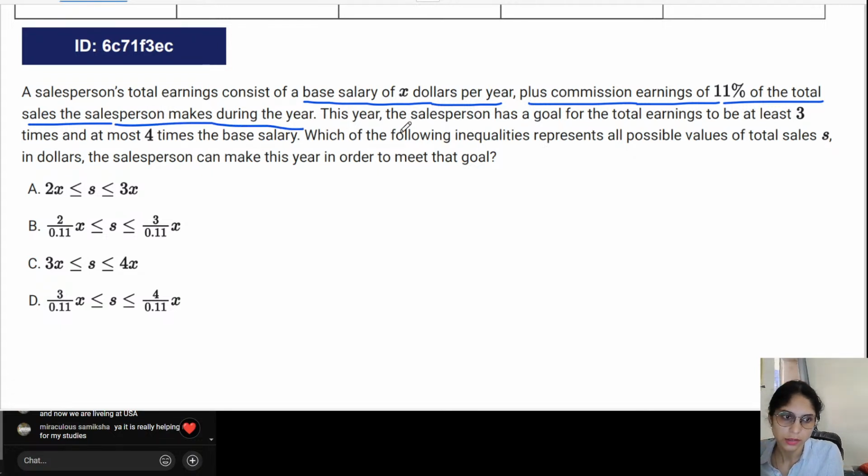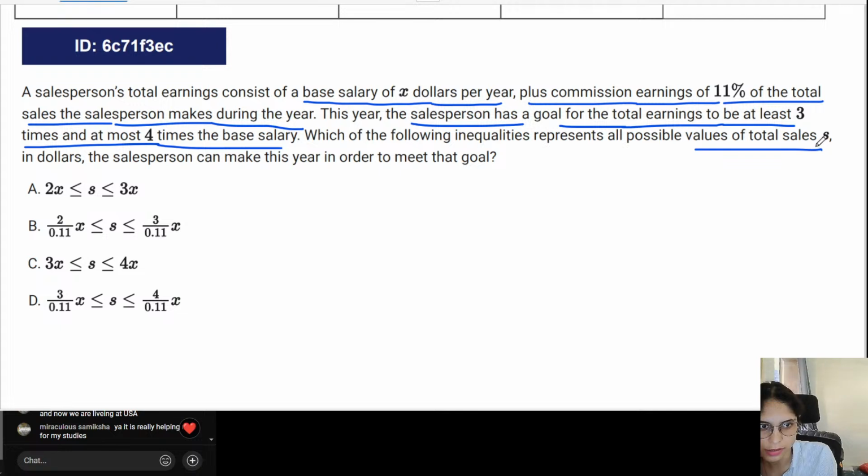This year, the salesperson has a goal for the total earnings to be at least 3 times and at most 4 times the base salary. Which of the following inequalities represent possible values of total sales, in dollars, a salesperson can make this year in order to meet that goal?